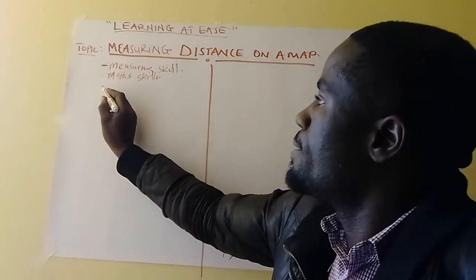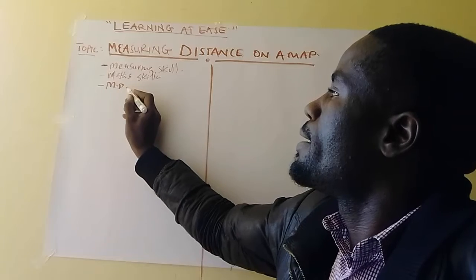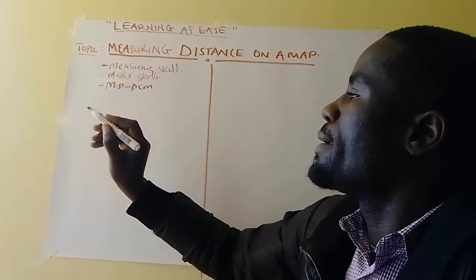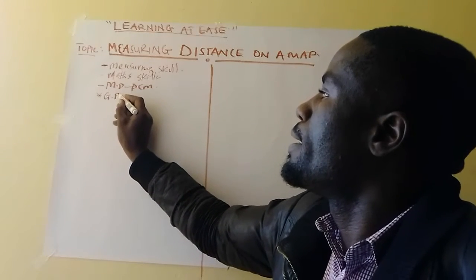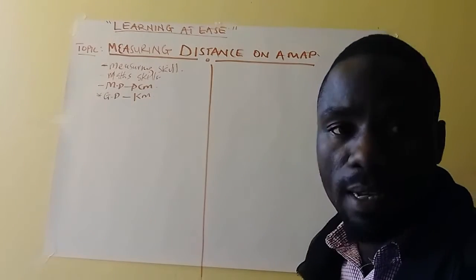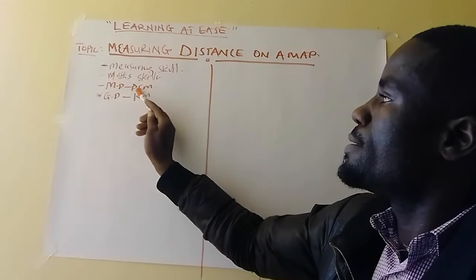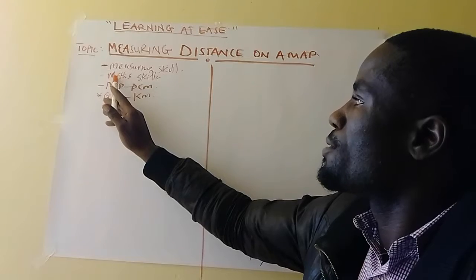Another thing to note here is map distance is always going to be in centimeters, but the examiner is interested in ground distance, which is supposed to be in kilometers. So as I've told you, he is interested in measuring skill. Can you measure this? Two, he is interested in mathematical skills.